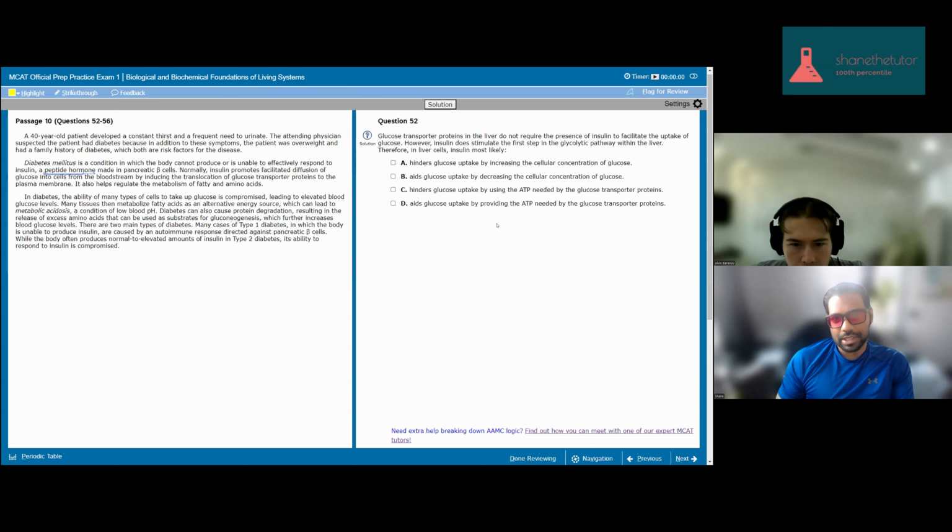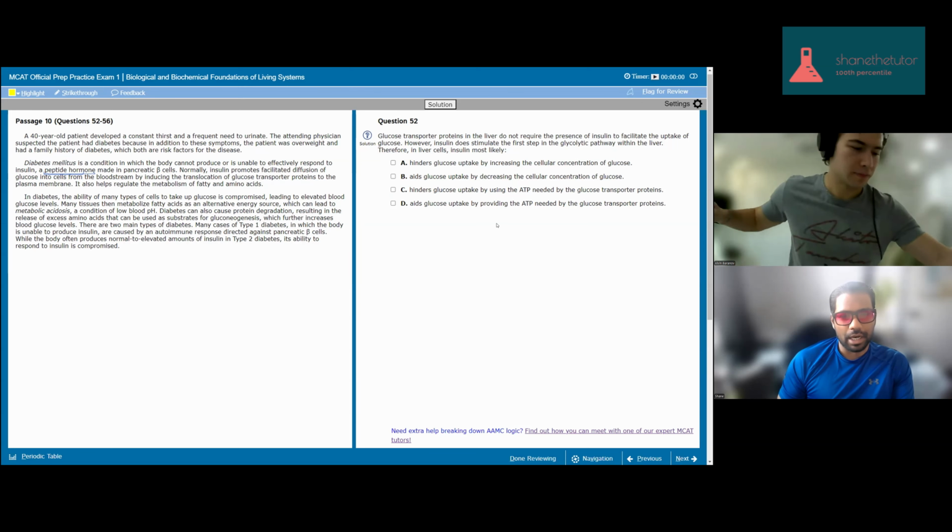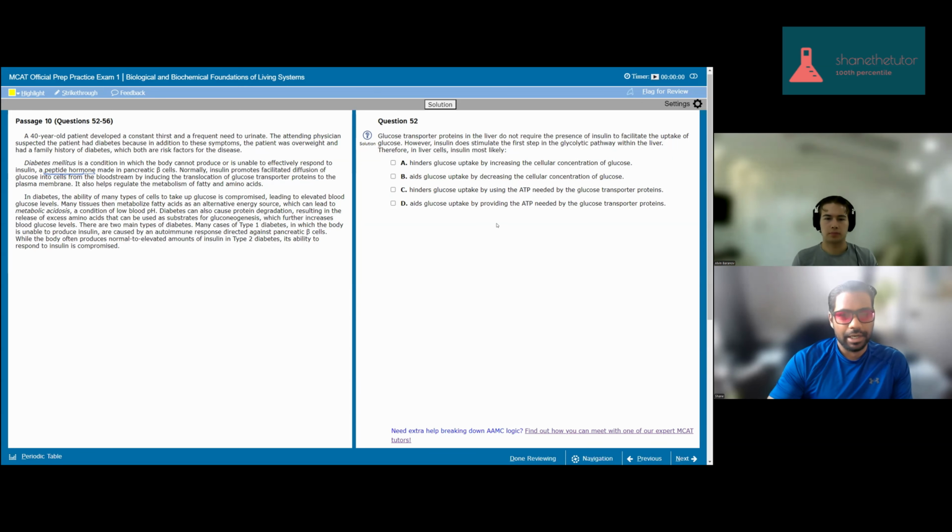So here they're saying that in the liver, the glucose transporter proteins do not require the presence of insulin to facilitate the uptake of glucose. However, insulin does stimulate the first step of the glycolytic pathway within the liver. Therefore, in liver cells, insulin most likely.